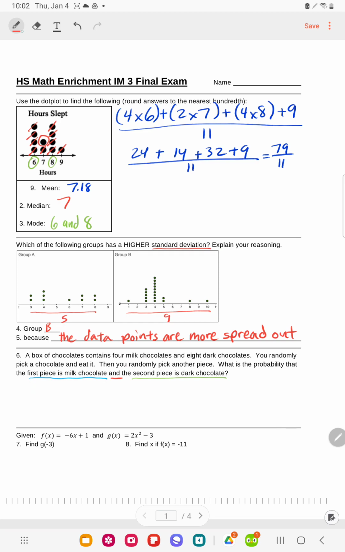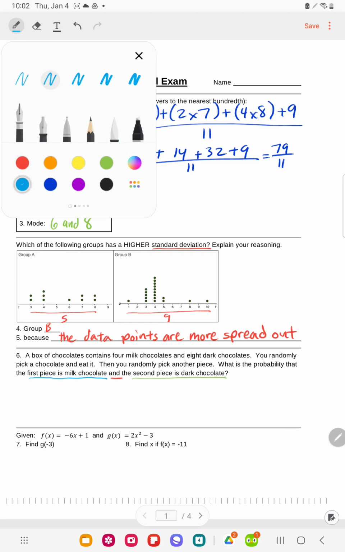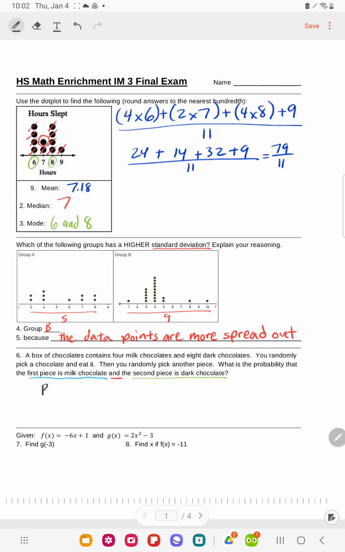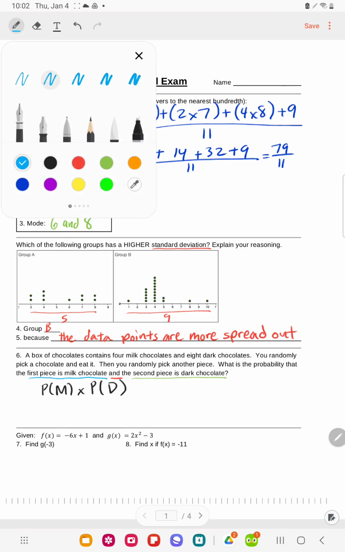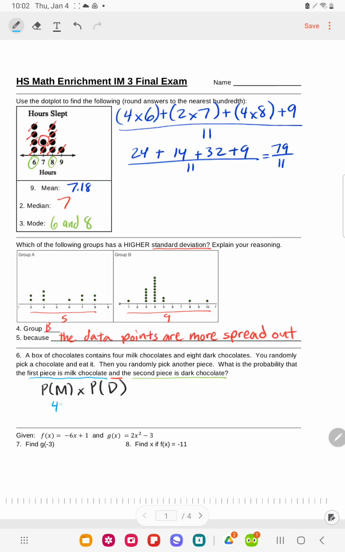So the probability of milk chocolate times the probability of dark chocolate. For milk, there are a total of 4 pieces that are milk chocolate out of 12 total, because 4 plus 8 equals 12.